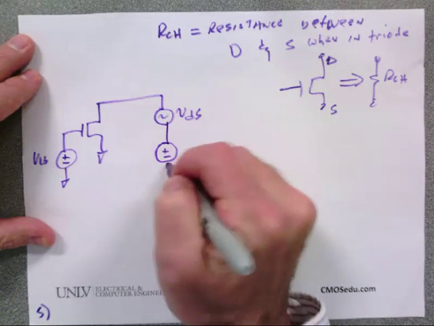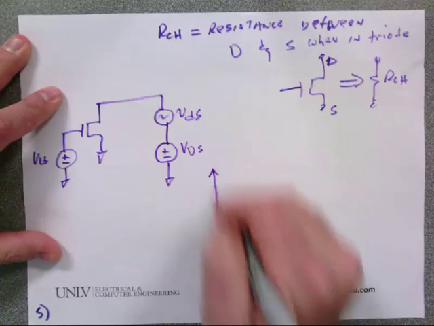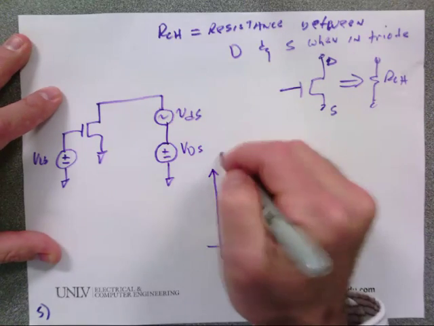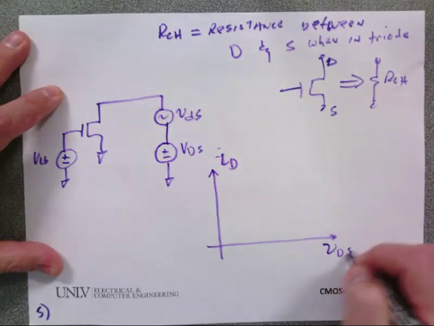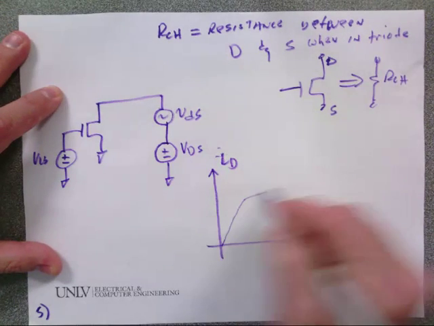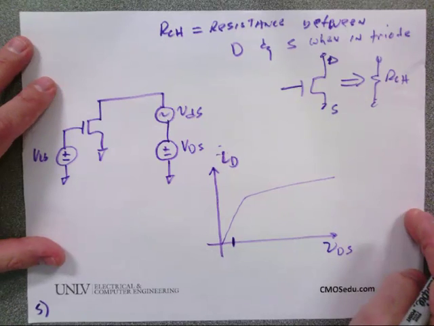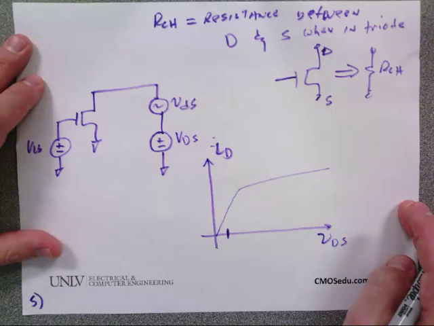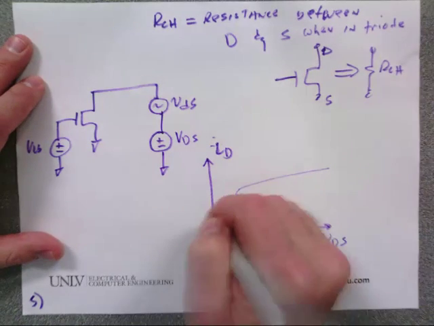Before I go on, I want to discuss what's happening here. So this we'll say is ID, VDS, and I'm operating in the curve here. And so I'm right here, right? Everybody cool with that? So I'm operating in the triode region and I've got some current flowing.